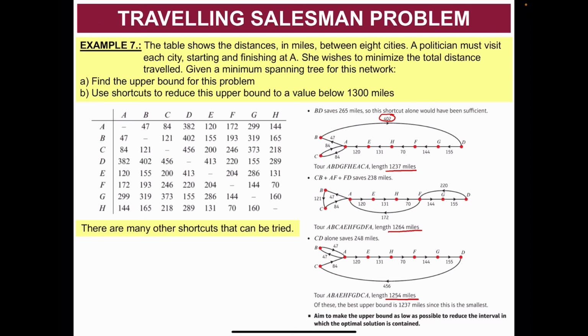So when you look at these options, obviously, because the aim is to make the upper bound as low as possible, because then you reduce the width of the interval in which the optimal solution is contained. So if the condition was below 1300, then also our original solution is perfectly fine.